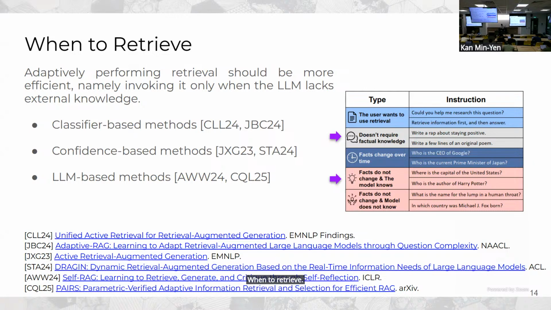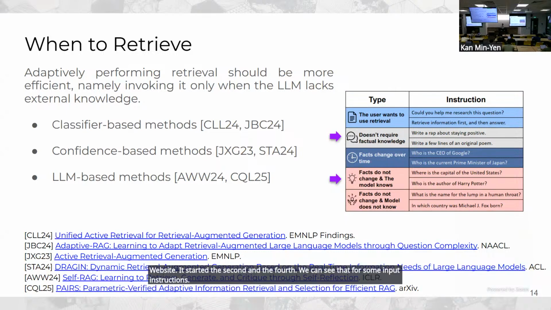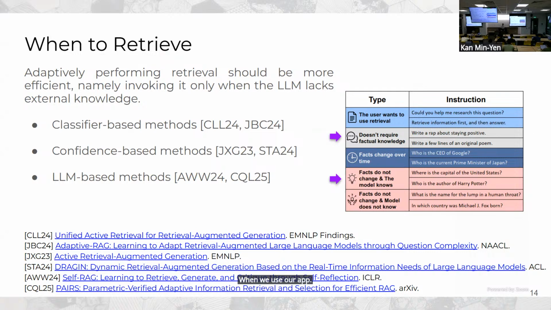Let's have a look at the table on the right side, especially the second and the fourth. We can see that for some input instructions, when we use an LLM, it's not always the case that we have to retrieve. So it indicates we have to make the decision of when to retrieve.